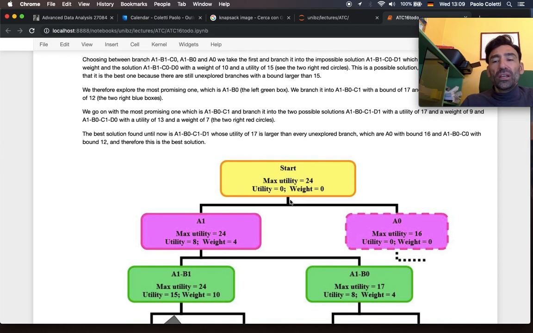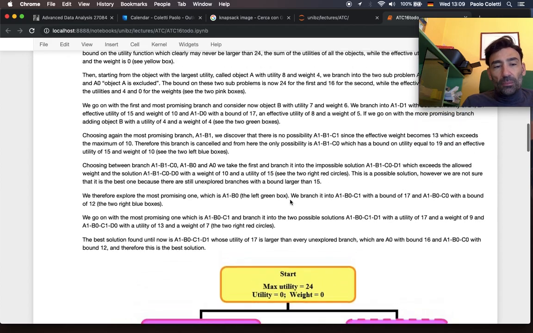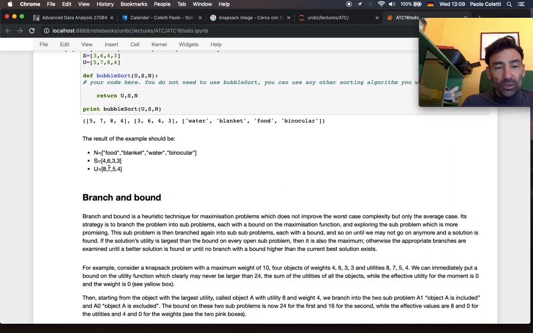Now we branch. So branch and bound, we have to branch. We take the first object. Since we sorted the objects in utility order, the first object is the most useful one. So you take the first object, which in this case is your food, and we say, do I put the sandwich, 3 apples and 4 bananas inside or not?